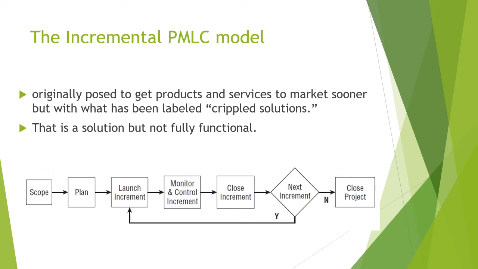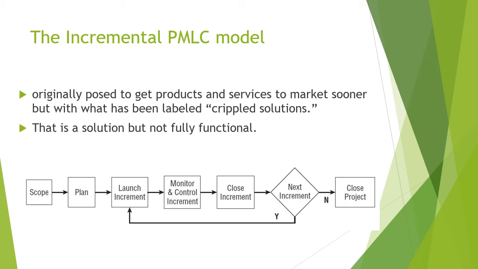The second type of project management lifecycle model is the incremental project management lifecycle model. This one was originally posed to get products and services to market sooner, but with what has been labeled a crippled solution. It's not the final, but whatever we achieved is good enough for the market. So we'll take that to the market and we will continue doing the rest of the project.